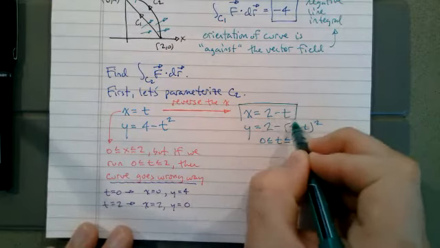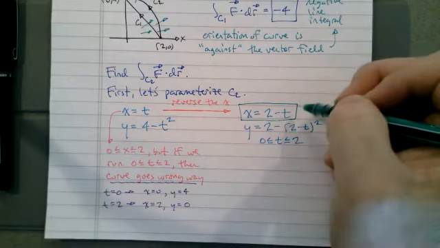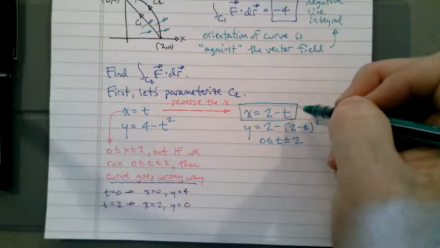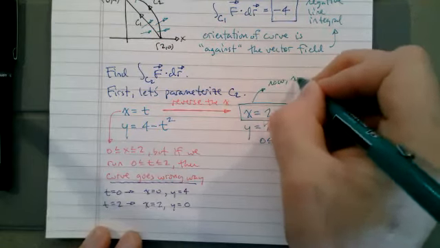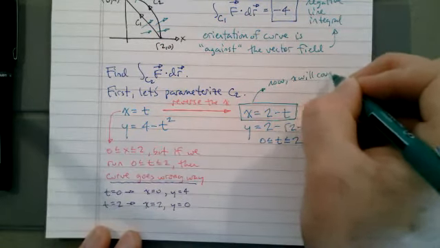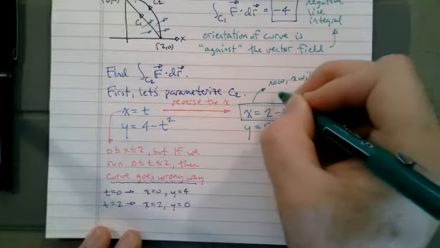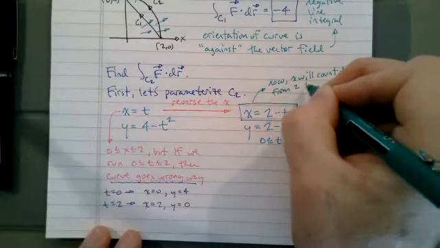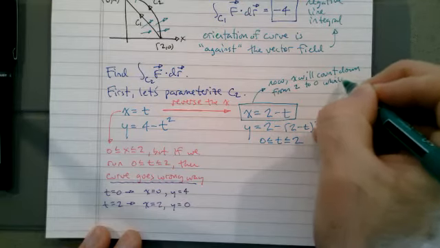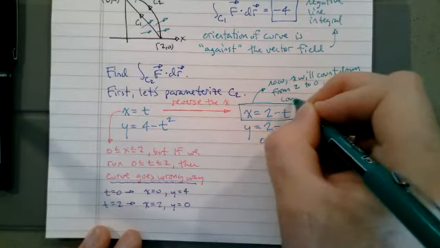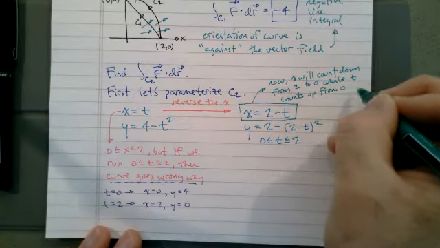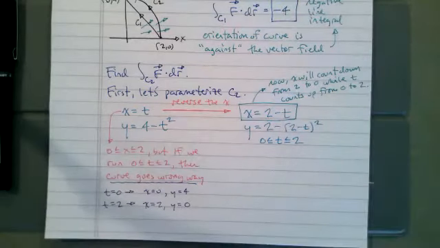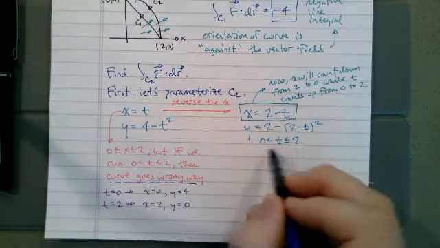Writing x as 2 minus t, x will count down from 2 to 0 while t counts up from 0 to 2. And we can see that by plugging in these values.